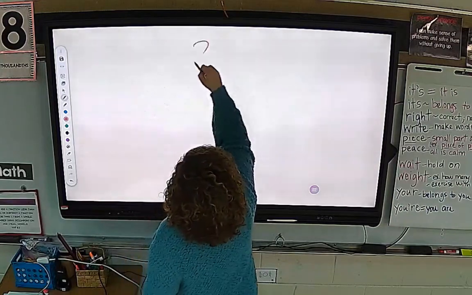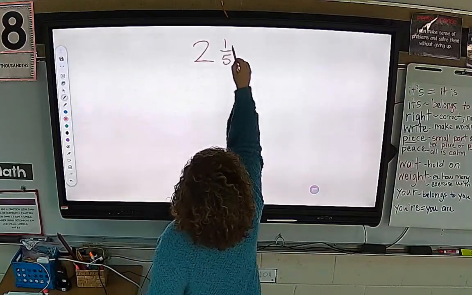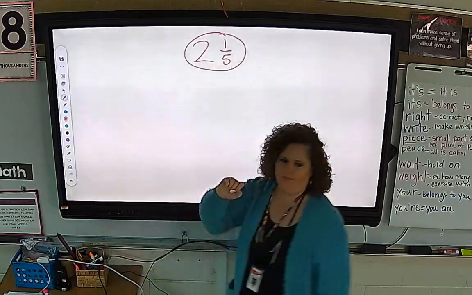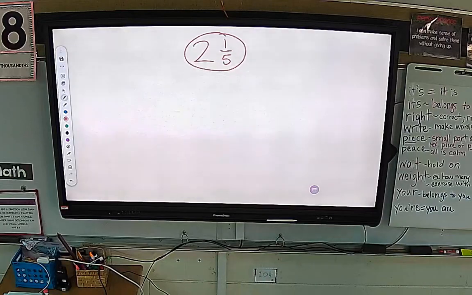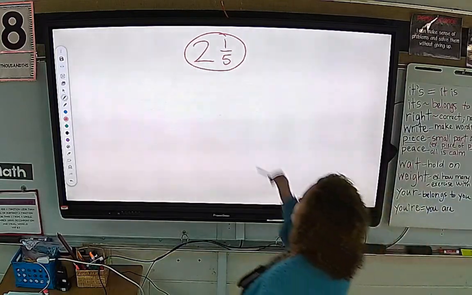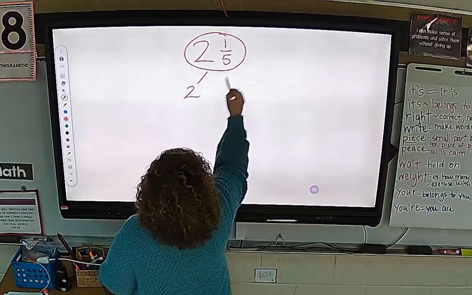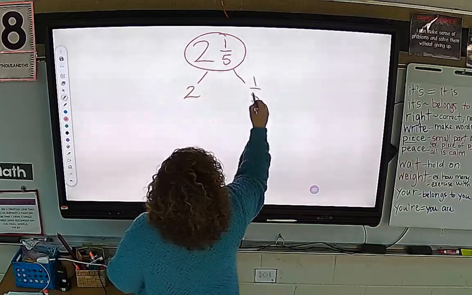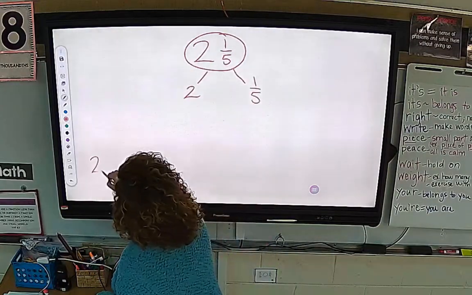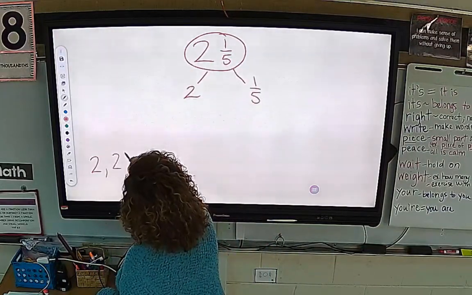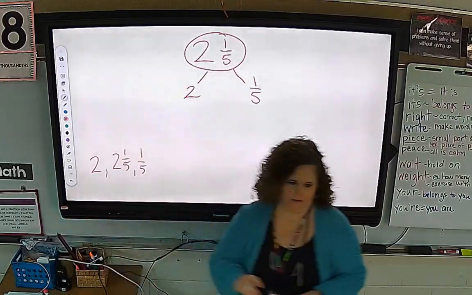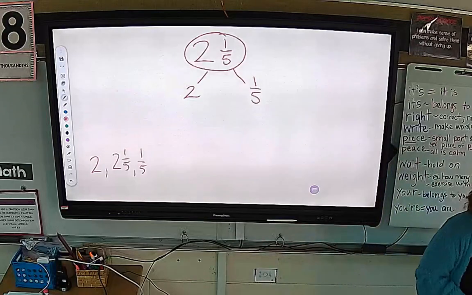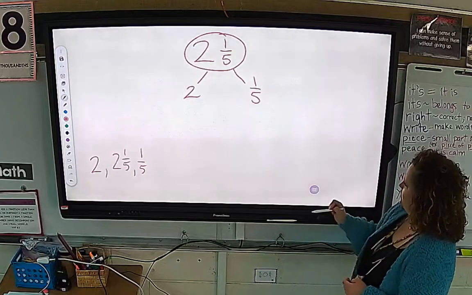If I had this and this, somebody break that down for me. Because number bonds help us see fact families sometimes. Yeah. Do the 2 in one bubble and 1/5 in the other? Okay. So 2 and 2 and 1/5 and 1/5 kind of go together there, right? Right?